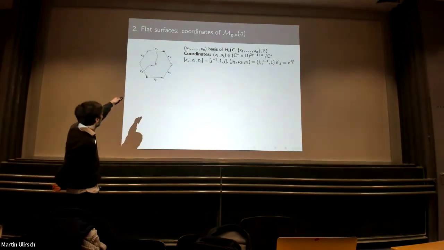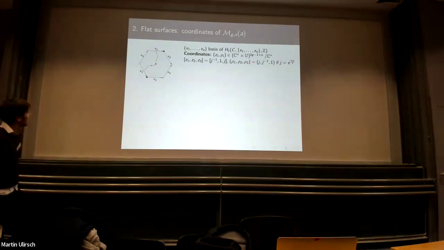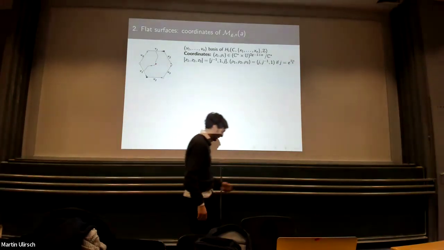Okay, so I have turned by, when I go out of this edge and come back on its twin, then I have turned by 2i pi over 6.